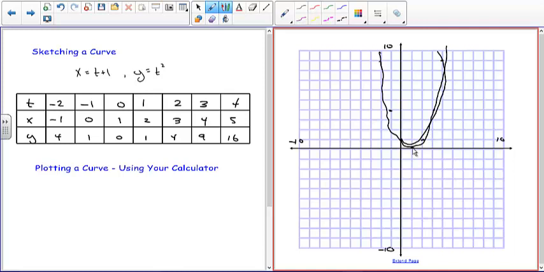Now, to do this on your calculator, go ahead and pull out your calculator, and I'll put it on the overhead thing over here. I keep meaning to ask him what I am doing wrong for this thing, because it always seems to be hard to see. There's got to be a better way.